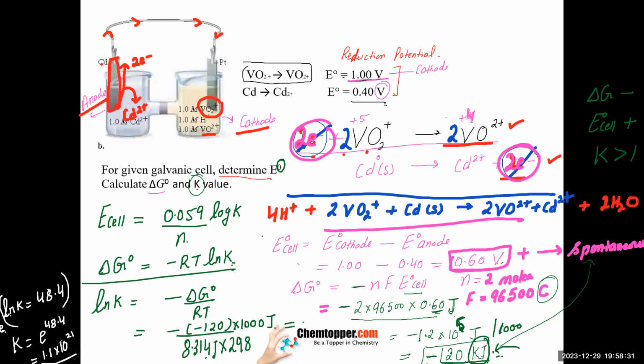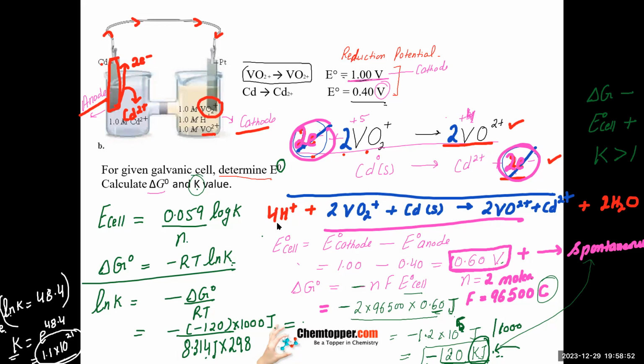And no units. Is K the equilibrium constant? Can you see this K is very big? It is greater than 1. So the reaction is highly spontaneous. So this is one type of question based on the equations which we did on the previous slide.